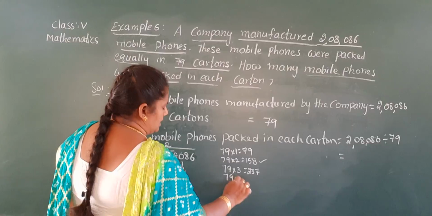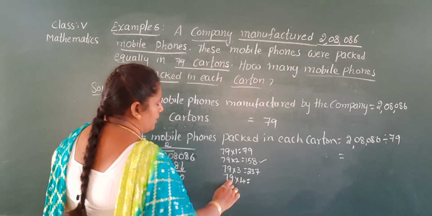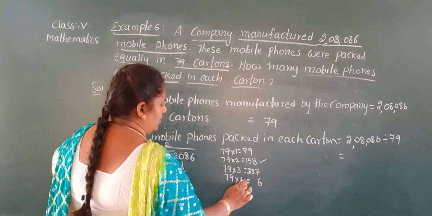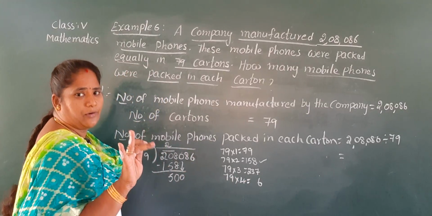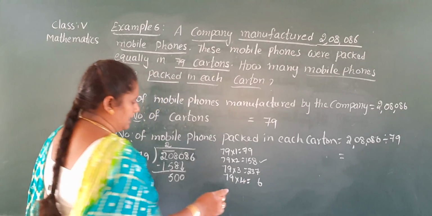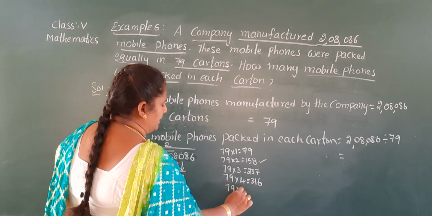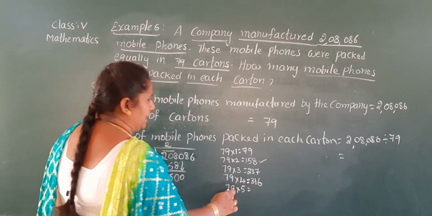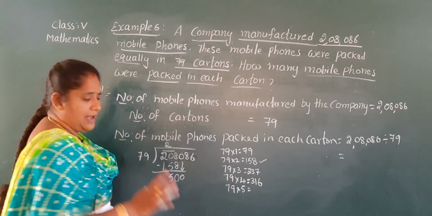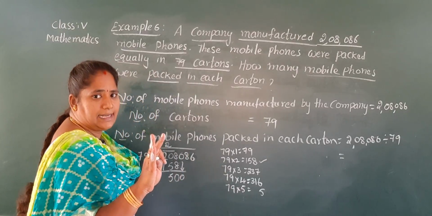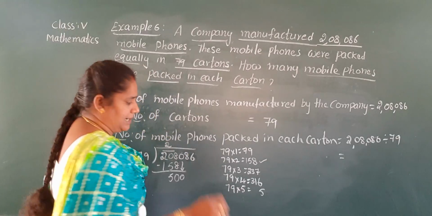Continue the table. 79 into 4. 4 nines are 36, 3 in hand, 6 down. 4 sevens are 28, 29, 30, 31. It's 316. Now 79 into 5. 5 nines are 45, 4 in hand, 5 down. 5 sevens are 35, 36, 37, 38, 39.